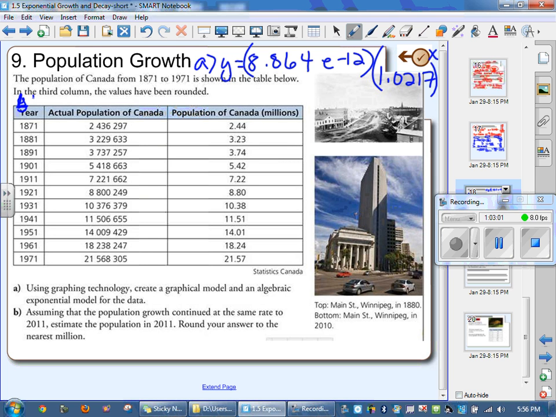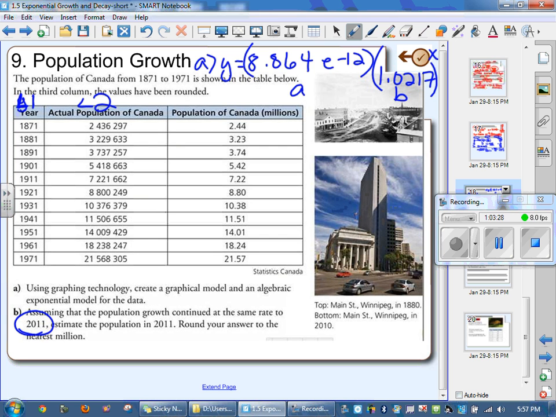B is asking, if it continues this growth rate, what will it be in 2011? Well, what year did we start at here? We've got our years here on the left, so we just substitute 2011 into x. Since we have it in our calculator, we can also solve it graphically. We can go second trace.